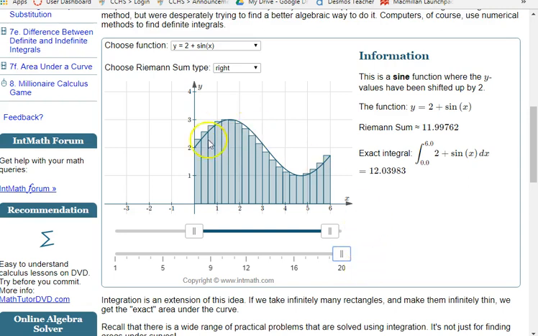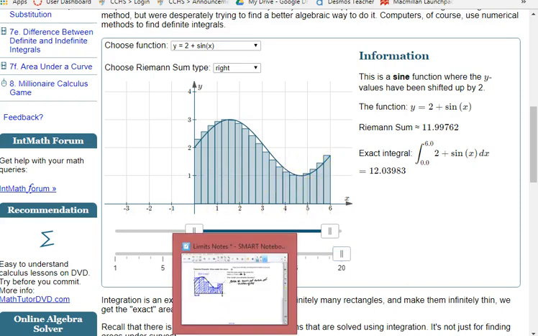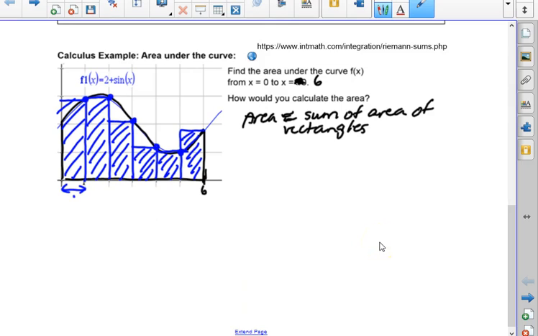So with 20 rectangles instead of 6, the difference between the sum of the areas of the rectangles and the true area under the curve is now very small. There's very little difference. So we could say, as these rectangles get narrower and narrower, the sum of the rectangles approaches the area under the curve.